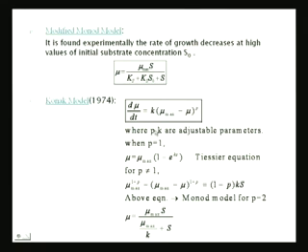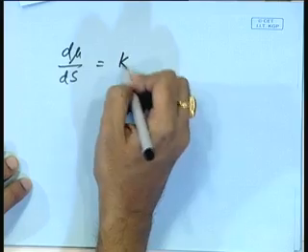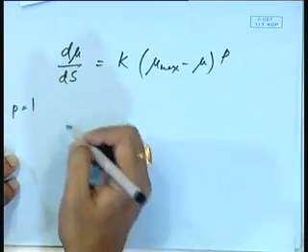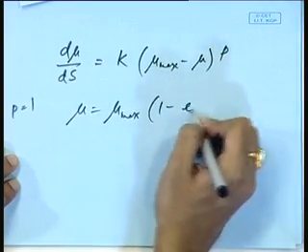Is it clear? So, this is slightly complicated, so let me run through this, and there is a typo out here also. Since there is a typo, I will just write it. So, del mu del s equals k times mu max minus mu to the p. For p equals 1, you get mu equals mu max 1 minus e to the k s.